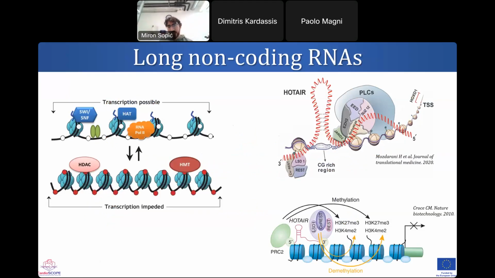I emphasize here just a little bit their ability to co-regulate transcription. Dimitris already explained this story in great detail. So basically, if you want to have transcription, your chromatin needs to be relaxed, and certain types of modifications like acetylations will always bring relaxation to the chromatin.